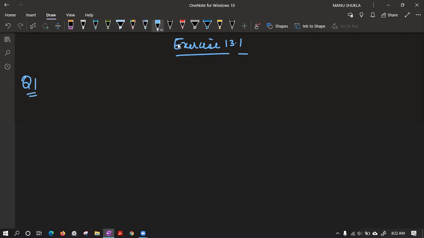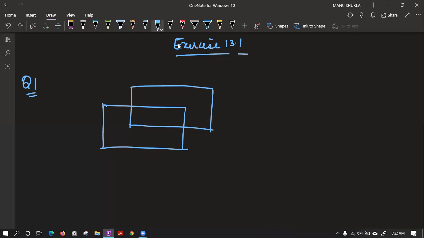There is a plastic box. Let me draw that. It is a rough diagram, no issue. Now we can draw simple like this only. Okay. As soon as you read the question, mark the things. A plastic box 1.5 meter long.